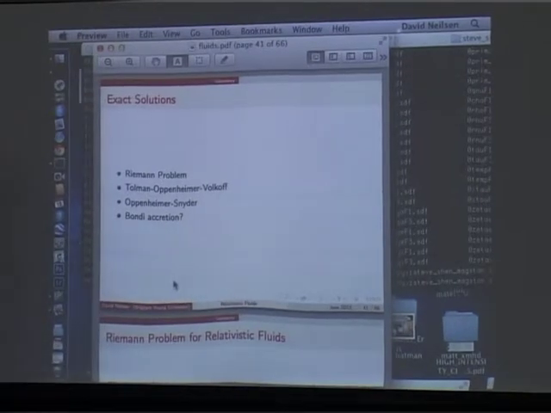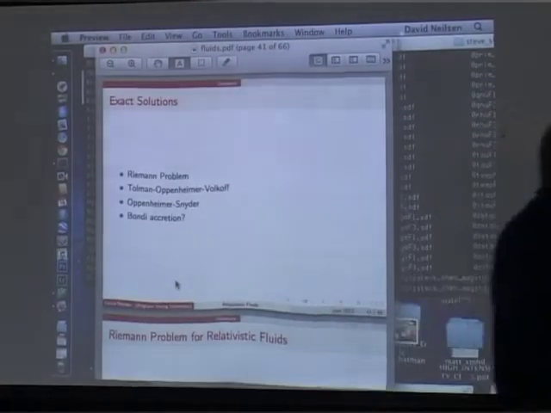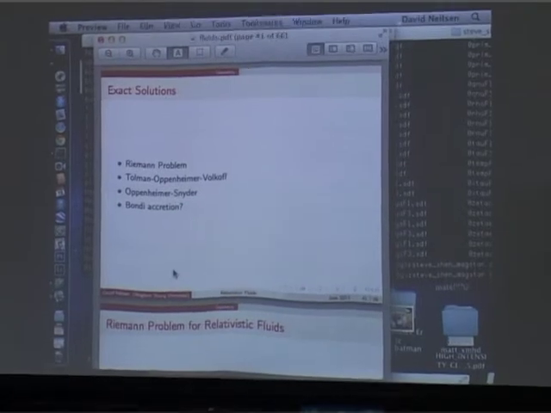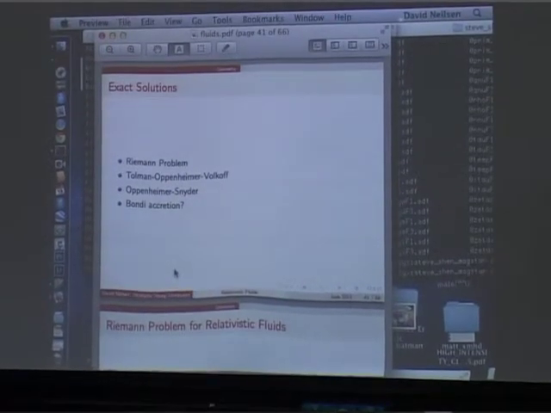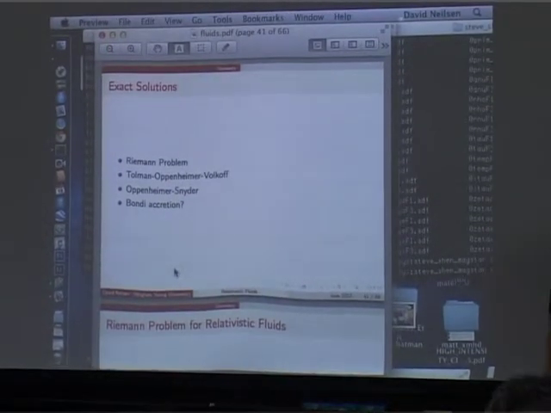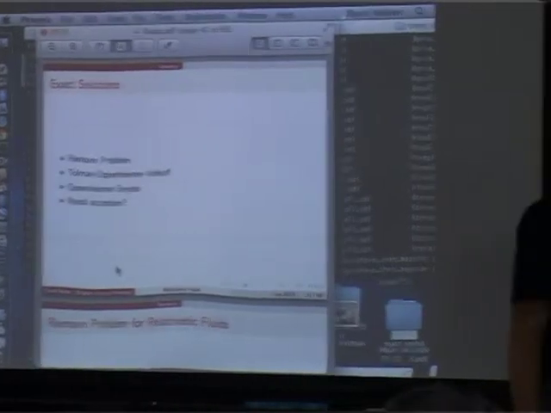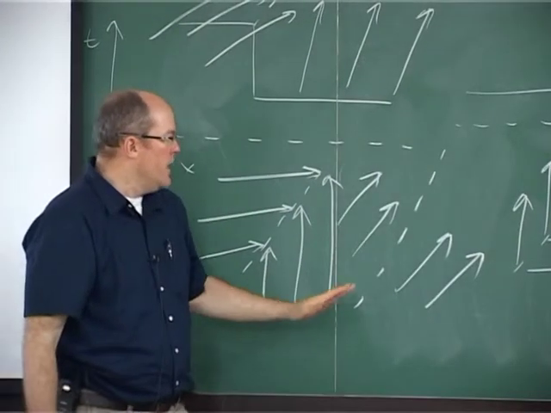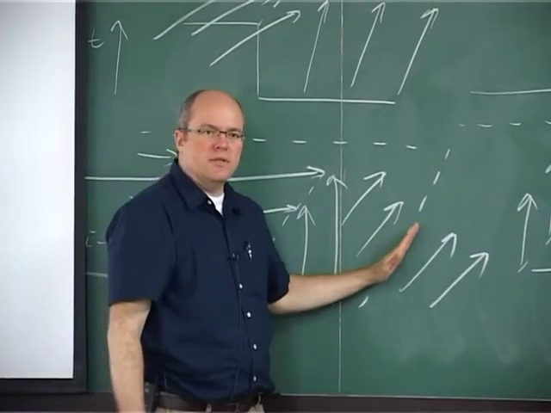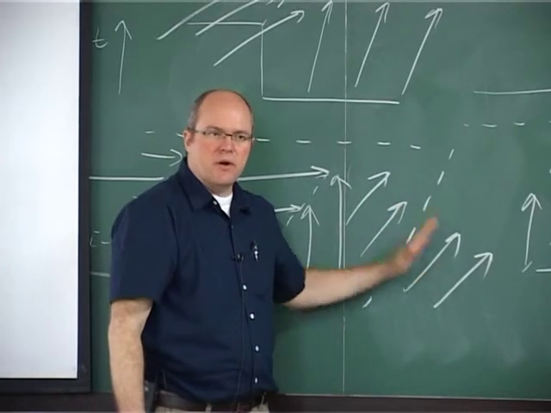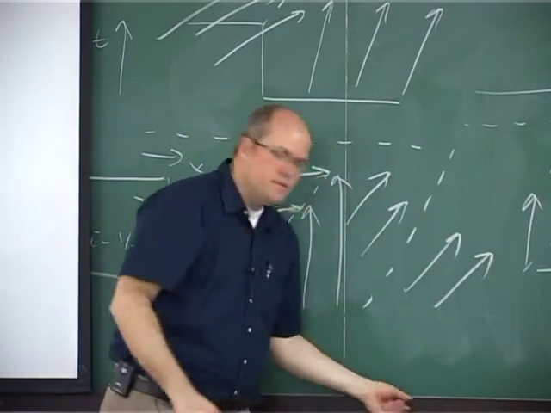And a contact discontinuity, because the eigenvalues are degenerate, has eigenvalues or characteristics that are parallel on both sides. So in the fluid problem, we actually have all 3 types. We have 2 nonlinear waves that could be shocks or rarefactions, and then we will always have 1 contact discontinuity where the characteristics are parallel to it on both sides.